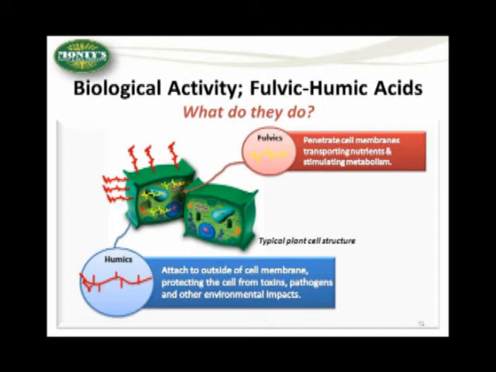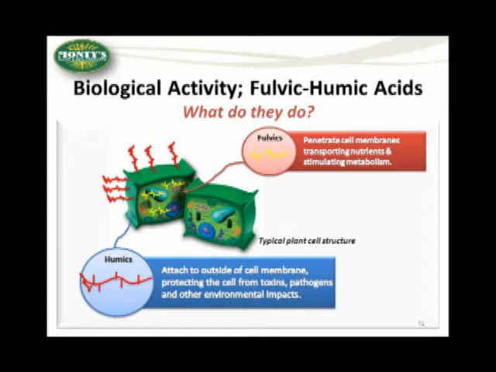In doing that, they have the ability to bring in nutrients. They have the ability to stimulate the metabolism within that plant cell structure. However, too much fulvics can bring in toxic metals and other things. So if you have too much fulvics, that's not a good thing.